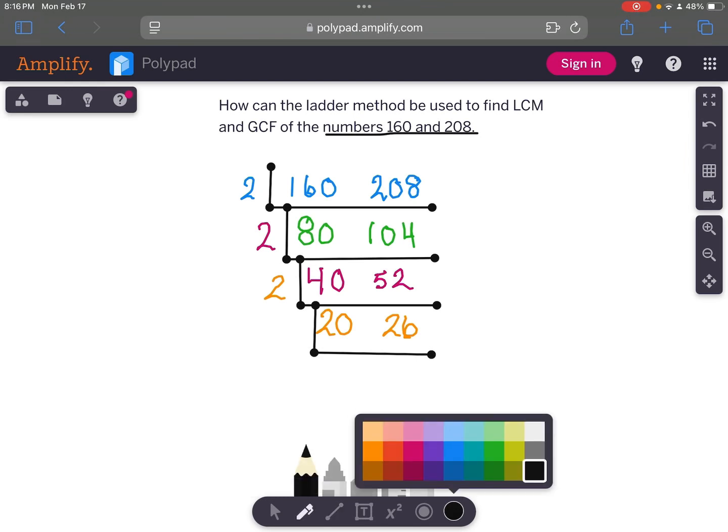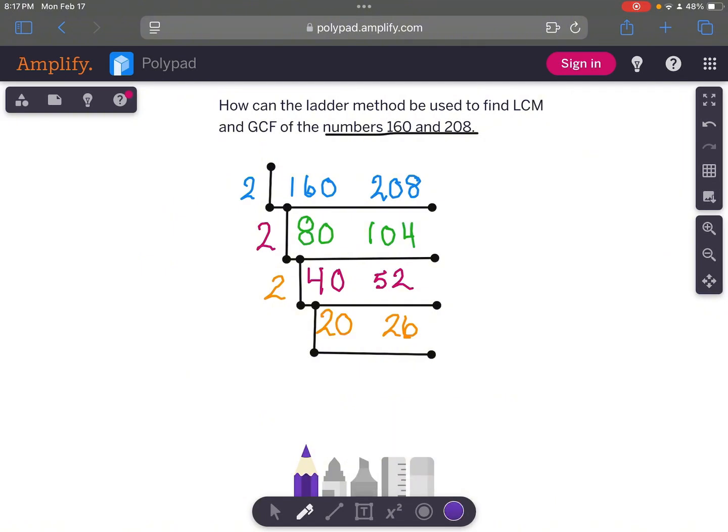Okay. So now that we are on our fourth ladder, what is another common factor that we can use to solve this one? Both of these numbers can still be divided by 2.